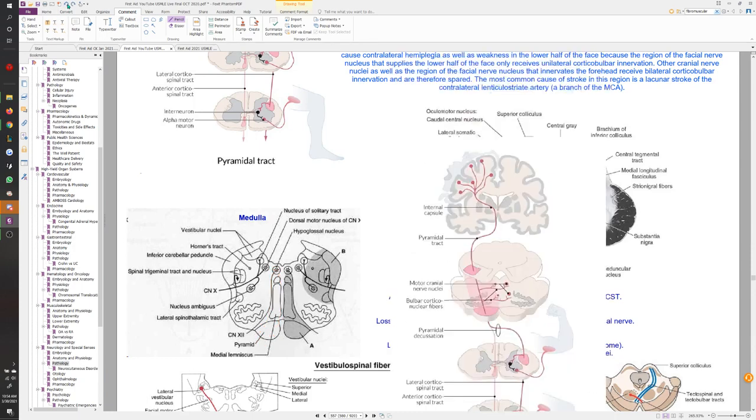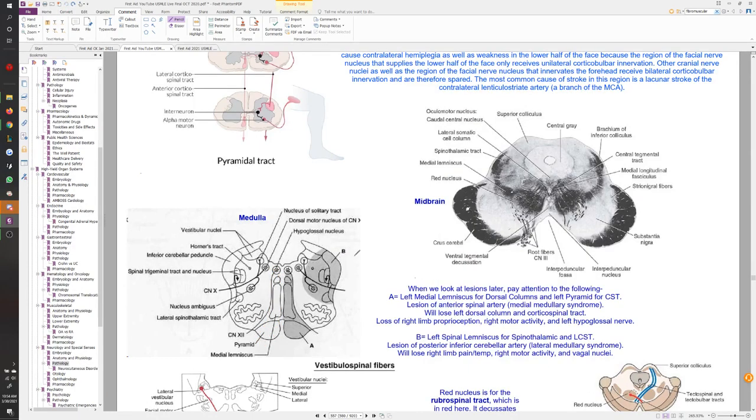So point is that lesion B mainly seems to be involving your spinothalamic tract. Lesion A seems to be involving your dorsal column and your corticospinal tract, because this thing is called the pyramid, as we discussed. Right, so the pyramid was used for your pyramidal decussation of the corticospinal tract.